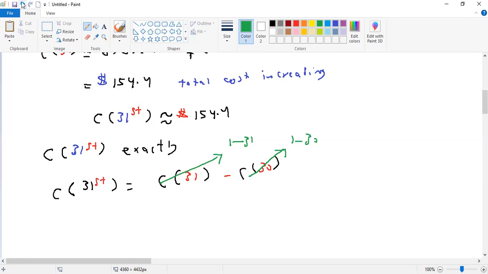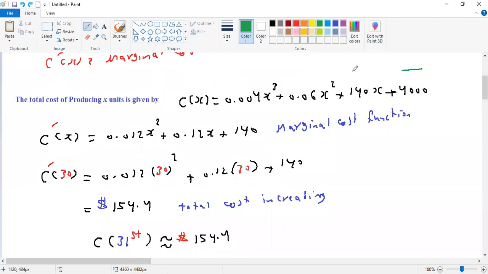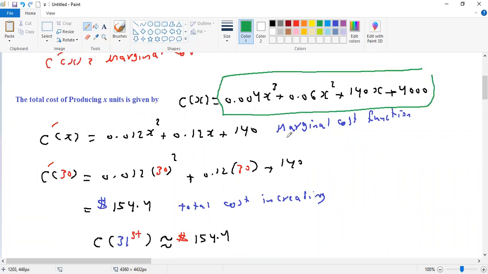Now, how do we find the total cost of 31 and the total cost of 30? Just use the total cost function. C of x equals this one, the total cost. So replace x with 31, and then with 30, and find the difference.